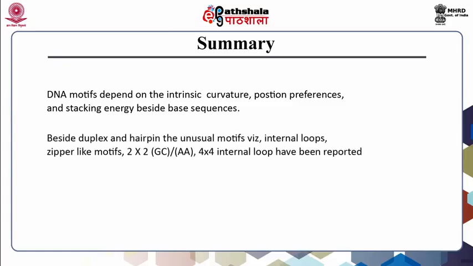So, though we have studied DNA in the form of Z-DNA, B-DNA, A-DNA, there are unusual motifs also. Besides the common hairpin and duplex kind, there are internal loop motifs, zipper-like motifs, 2 into 2 motifs, 4 into 4 motifs of different bases which are encountered. And these motifs are decided by the factors which we have discussed earlier.